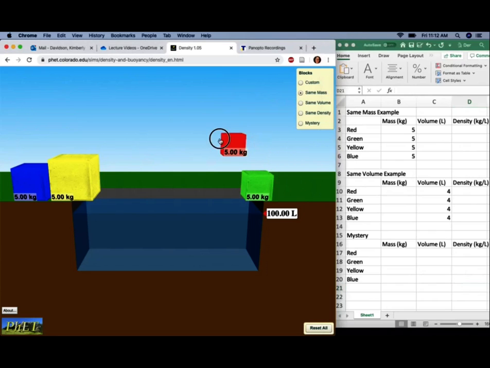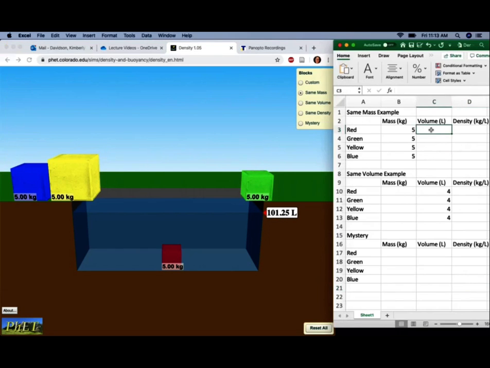Now if I put this red cube in the water, it sank to the bottom, and we can see that the change in volume was 1.25 liters. So I'm going to put that into my chart: 1.25.